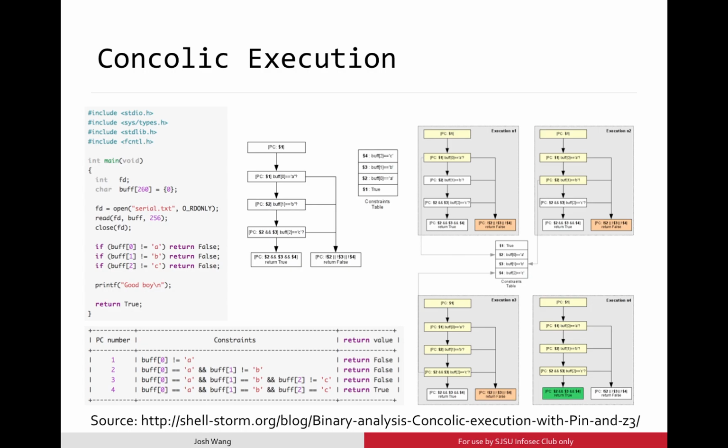Basically this is a constraint tree. You probably can't read it because of the constraints. There are 4 possible paths if you look at this code, and so you'd have to run this program 4 times in order to cover all the possible code paths.